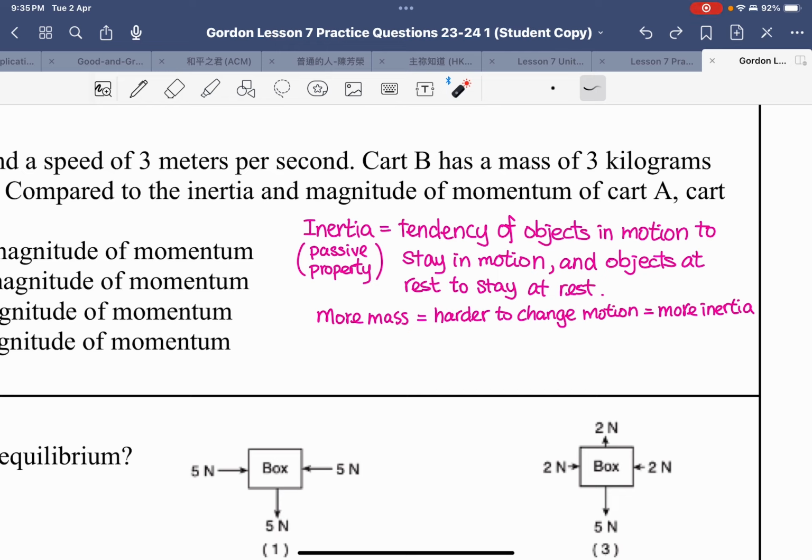Basically, it's saying how likely it is for an object to change its current motion. It is a passive property, so it's a pretty vague idea in physics. However, if you think about it, the more mass an object has, the harder it is to change its motion. And so we usually say that an object that has more mass has more inertia.